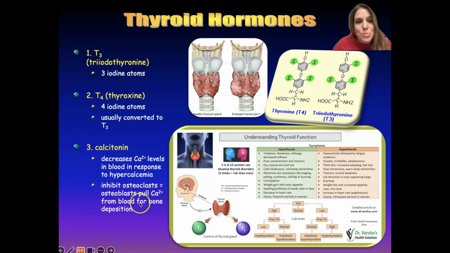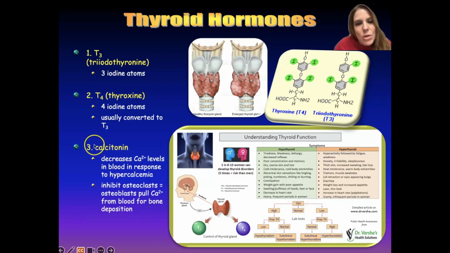And when bone gets broken down, calcium is going to be deposited into the blood, and that's going to raise the blood calcium levels. So if calcium levels are too high, calcitonin is going to say to the osteoblasts, and therefore deliver the message to the osteoclasts, whoa, stop breaking down bone. We don't need any more calcium put into the blood. And so that's ultimately going to lead to the calcium being taken up and used to build bone.